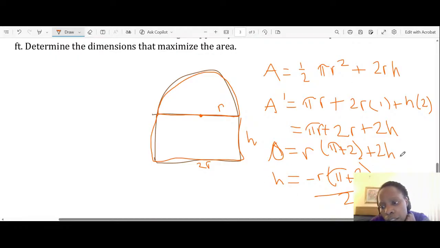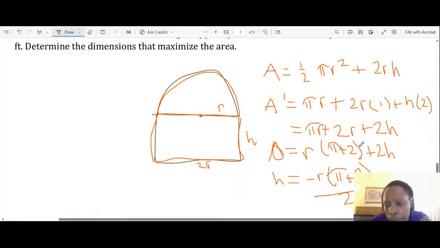I don't think I need to do that. I could find out what R is if I didn't do that.